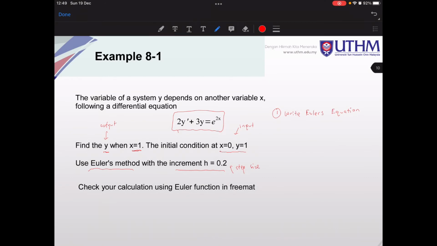So the equation is y(xi+1) equals y(xi) plus h y prime(xi). Second thing is you need to prepare the table, and then you just complete the table. It's very simple. So let's solve this example.